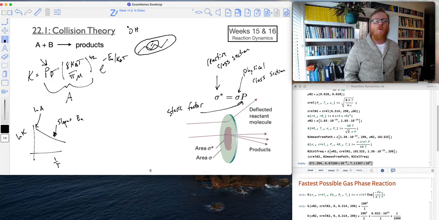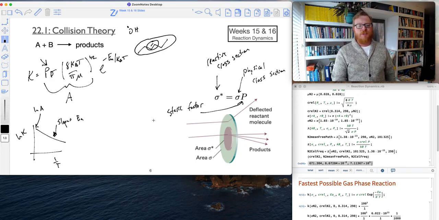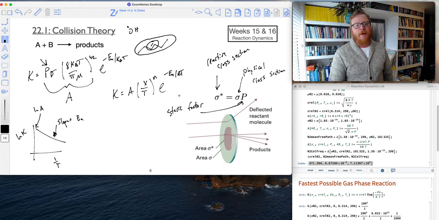What I also want to point out, what you're probably used to seeing now on the NIST Kinetics website, is that it gives the Arrhenius equation as something like this: A times some term divided by T raised to the n power, times e to the negative Ea divided by RT.